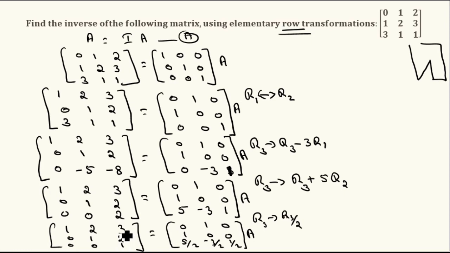So R1 equals R1 minus 3 times R3. Then R2 equals R2 minus 2 times R3.